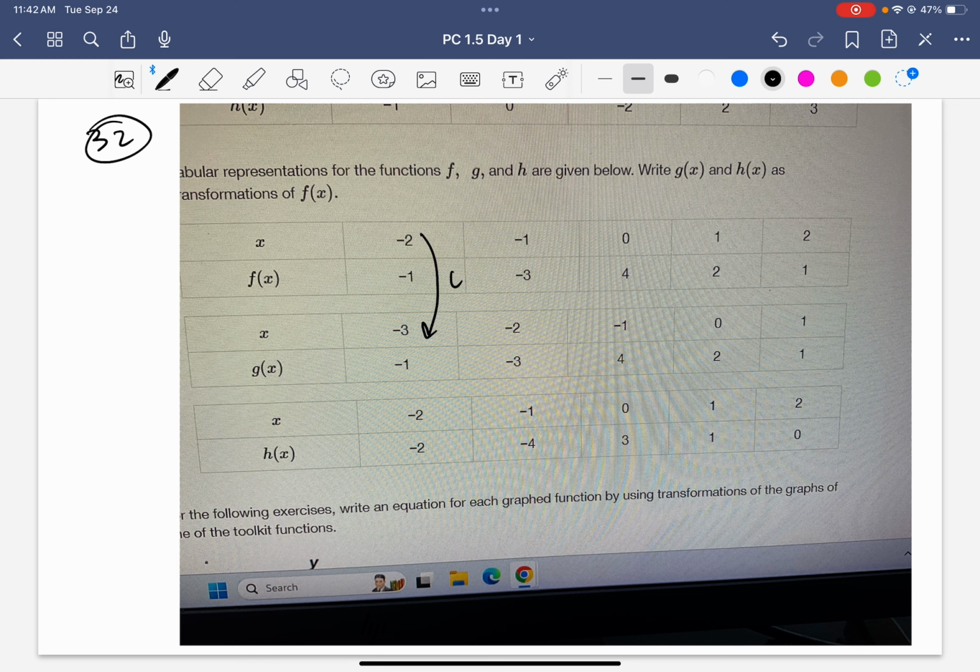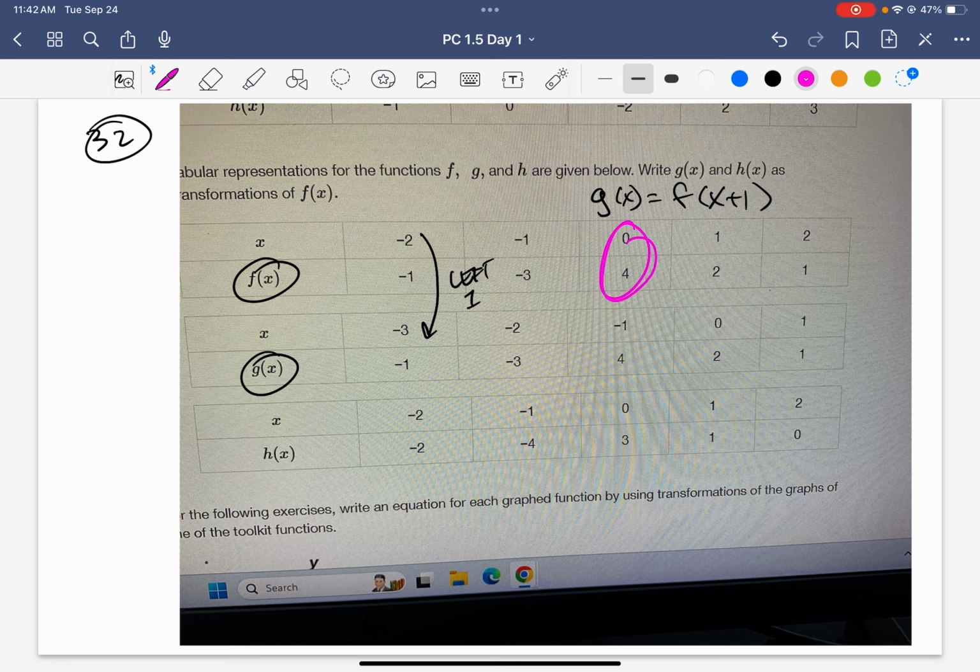We move left 1 to go from f to g. So I think g is this thing moved to the left 1, so it'll be x plus 1. Well then, when we go from f of x to h, let's look here.